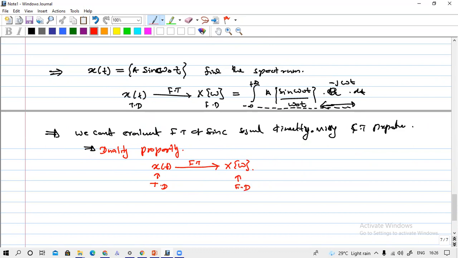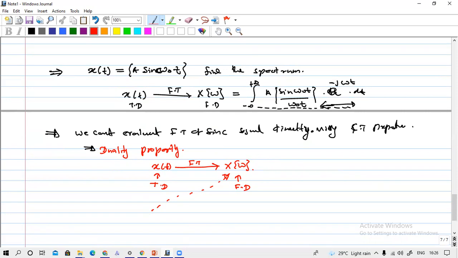Capital X of omega, where omega is the independent variable because it is the frequency domain.